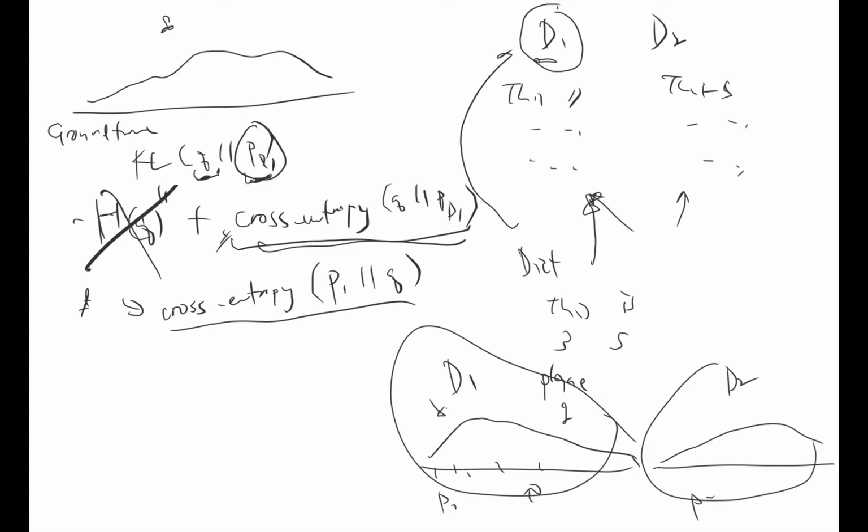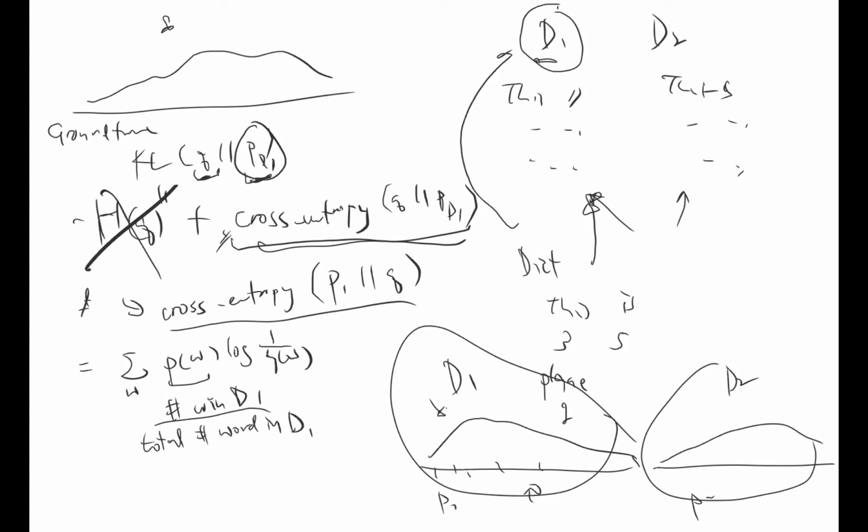Then the cross entropy of P1 and Q will be equal to the sum over all the words, I call this W here, of P(W) log Q(W). And if I look at what P(W) is, it's essentially the number of words W in D1 over the total number of words in D1. That will be an estimate of P(W).